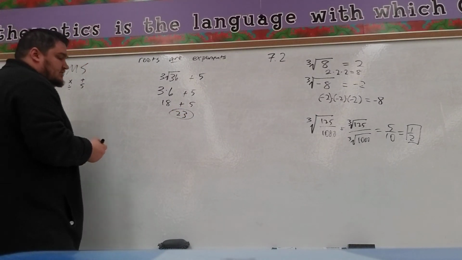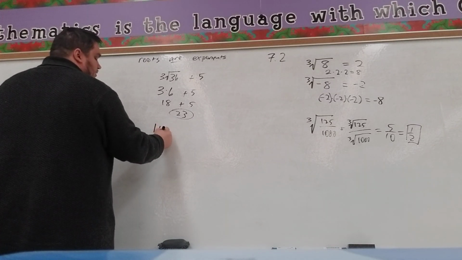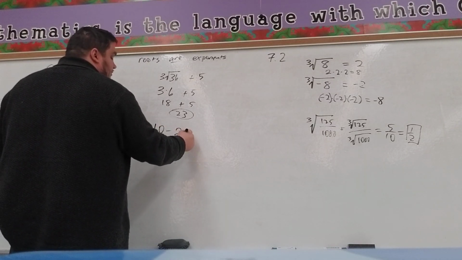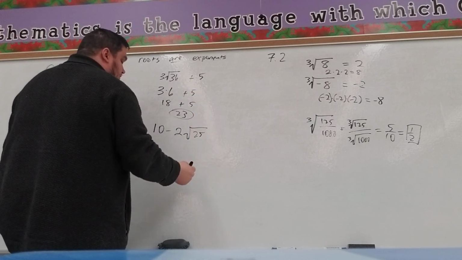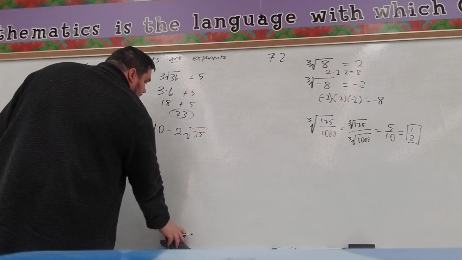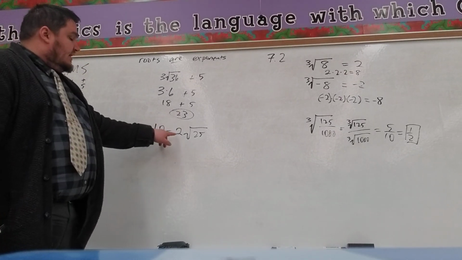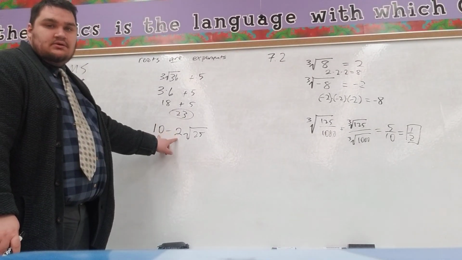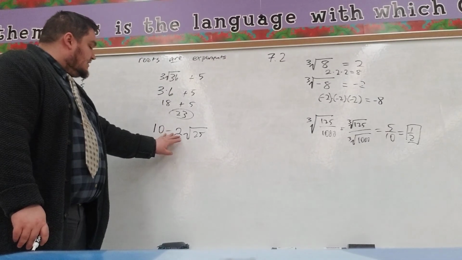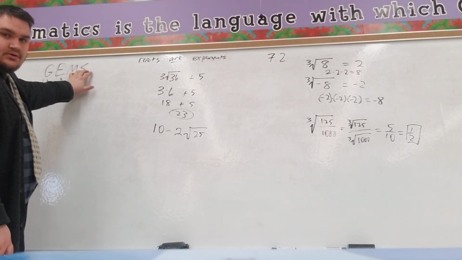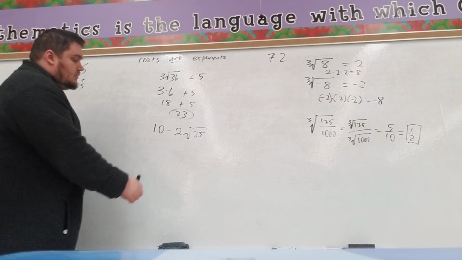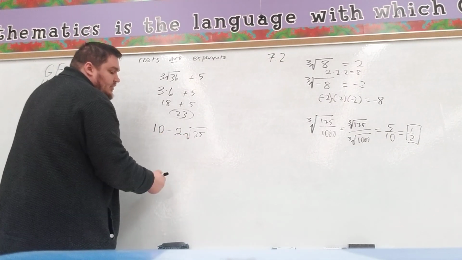Something I've seen kids do a lot is, let's say, 10 minus 2 times the square root of 25. What they'll do is they'll actually subtract these two numbers first. And you can't do that first because subtraction is the very last thing that we do. We have to evaluate the square root of 25 first.